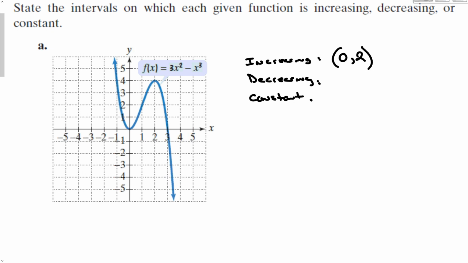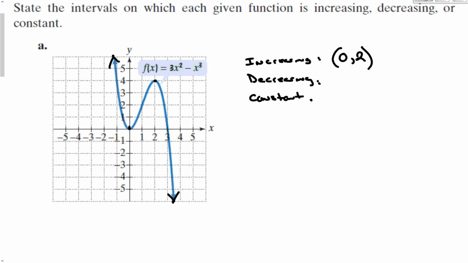Right? So always with increasing, decreasing, and constant, we are going to use parentheses. Now, hopefully it's clear that there are 2 places this function is decreasing. From here down to here, and from 2 down to there. Because the ends of this function have arrows, that means this function is going to continue on forever, till infinity.